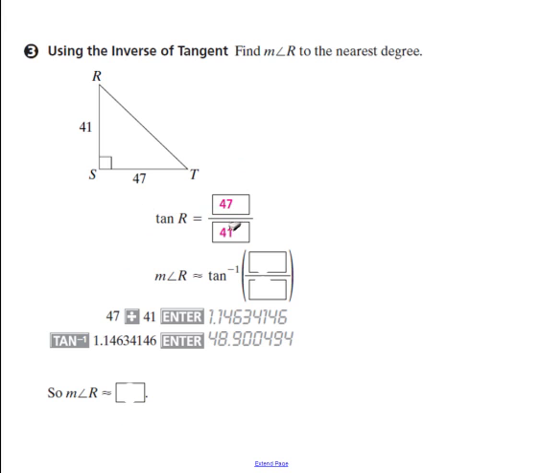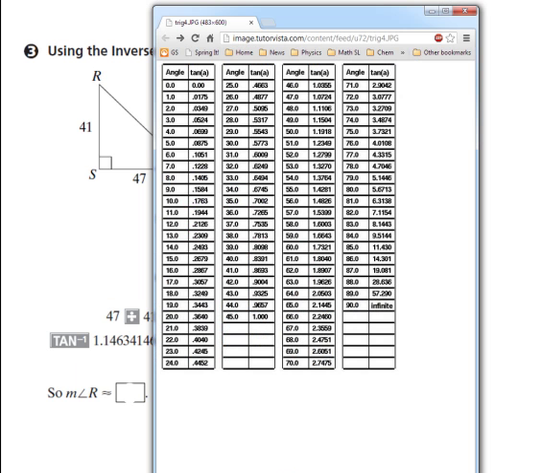If we did 47 divided by 41, we get 1.1463 and so on. So if we were to look at our chart, we could go and find 1.14. Here we go. Up here, between 48 and 49, 1.14. So we could go to our chart and look this up, but the calculator would do it for us.